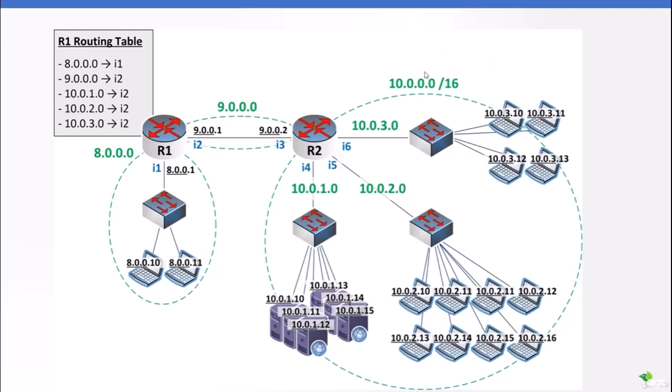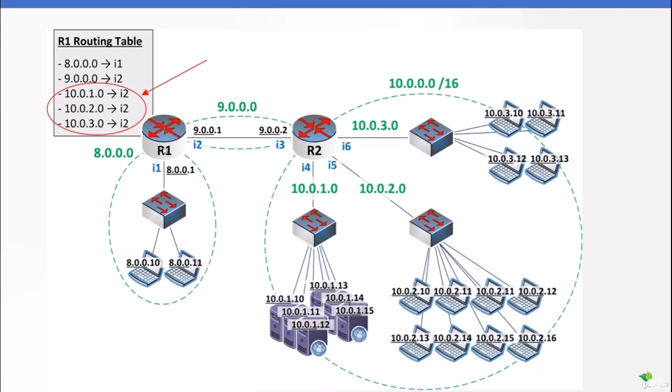But for now, just know that /16 means that the first 16 bits represent the network portion of this IP address of 10.0.0.0. So what I want to do here is I want to replace these 3 entries in our routing table with only this. Why can I do that?